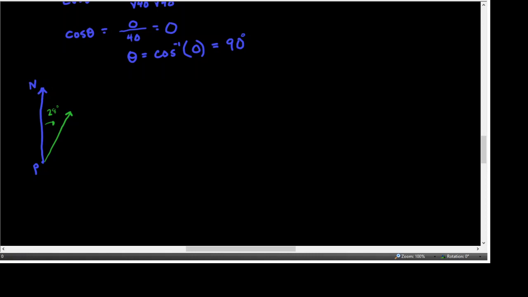And travels for 8.2 miles. So this is 8.2 miles here. Okay. Then the ship turns due east. So now we're going east, and we travel for 4.3 miles. So I'm going to make that shorter. I'm not worried about perfect scale, but I do want it to look shorter.